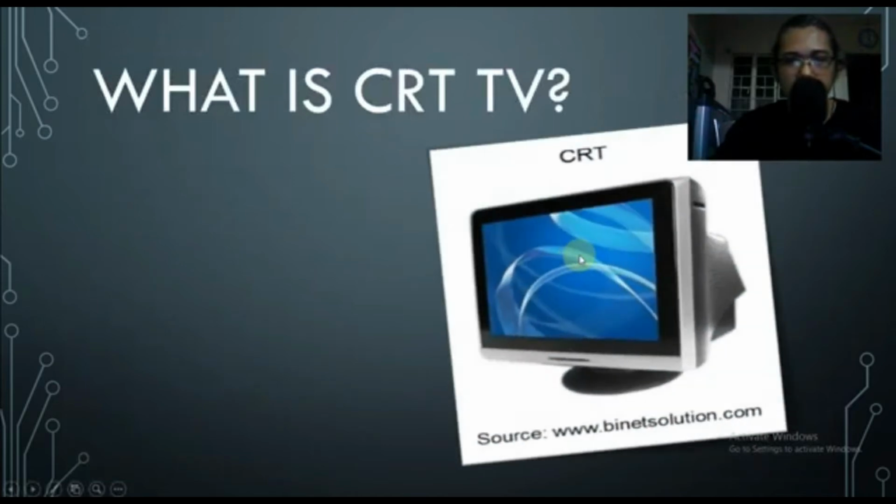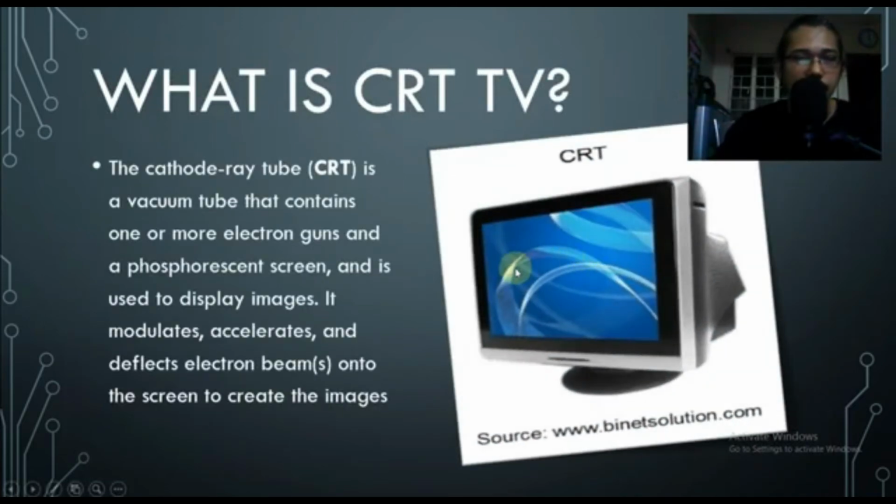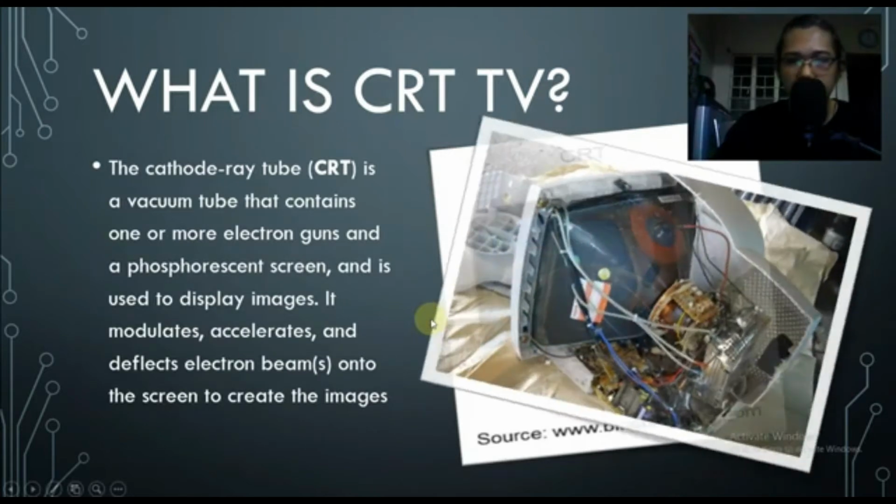So the CRT TV, guys, is what we call the cathode ray tube. The cathode ray tube, also known as the CRT, is a vacuum tube that contains one or more electron guns and a phosphorescent screen. Ito yung itsura niya.